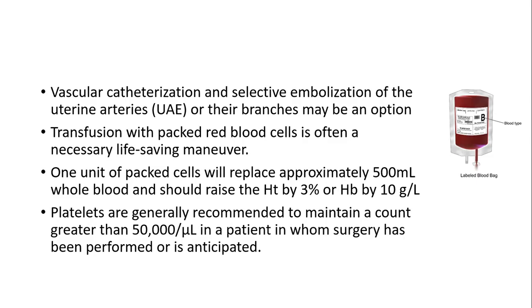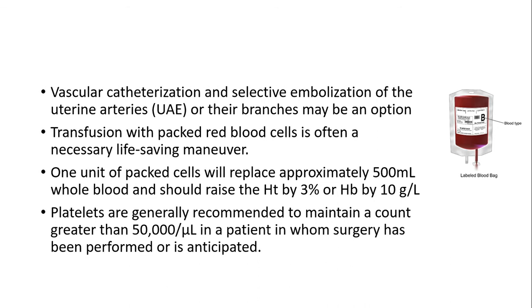Vascular catheterization and selective embolization of the uterine arteries may be one of the options to control postpartum hemorrhage, but unfortunately this method is not very widely used now because not many maternity wards and maternity houses are equipped with such sophisticated machines. Transfusion with packed red blood cells is often a necessary life-saving maneuver.